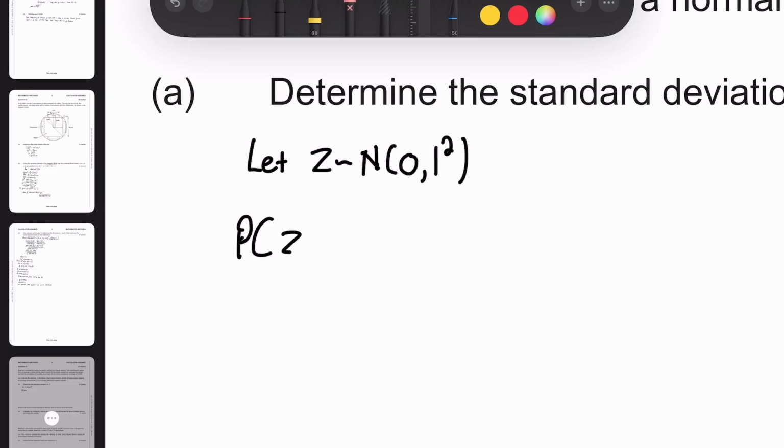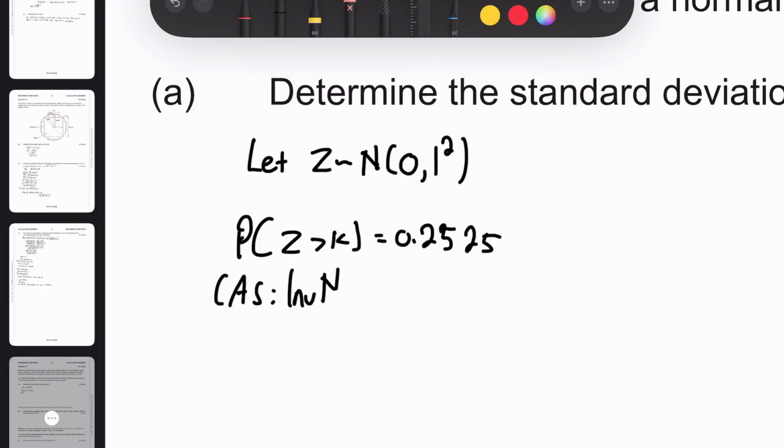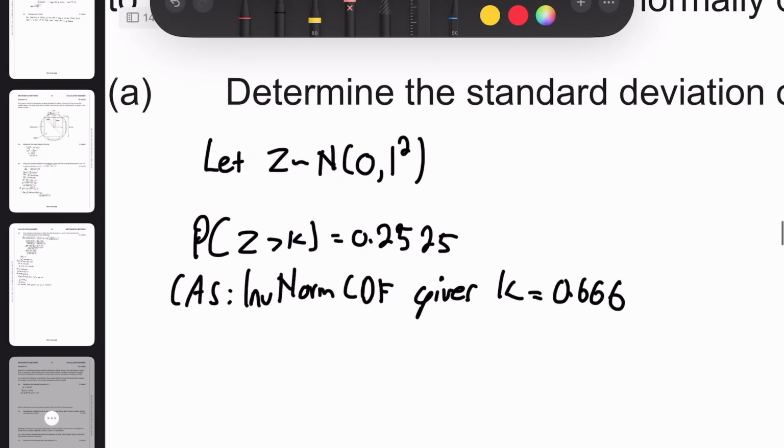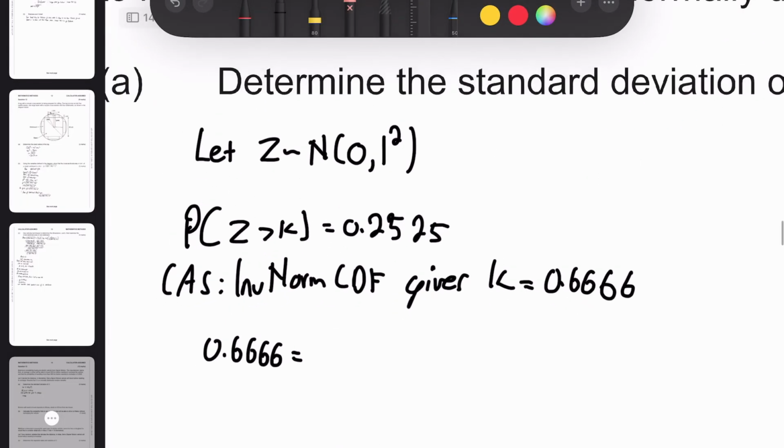No. z greater than k is equal to 0.2525. CAS inverse norm CDF gives k being equal to 0.6666. Now since this is the z value, we know that this is going to be equal to 400 minus 350 all over the standard deviation.